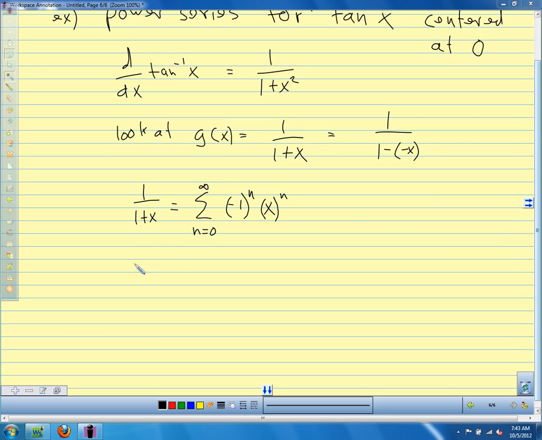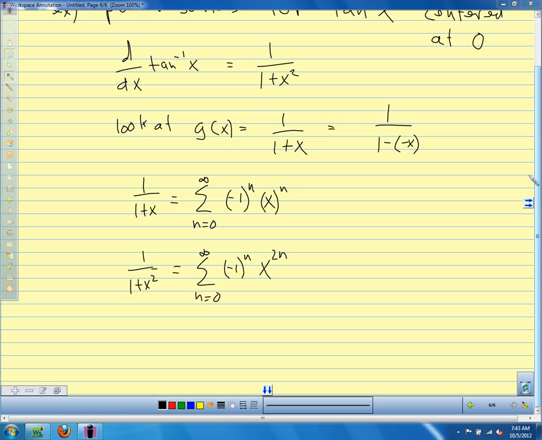And 1 over 1 plus x squared now is going to be the sum, 0 to infinity, of minus 1 to the n, x to the 2n, using those operations with power series. So there's my power series.